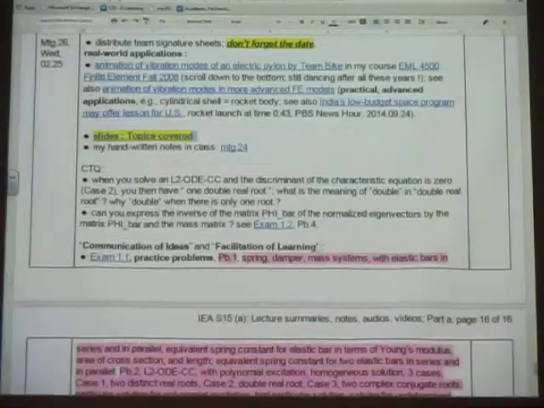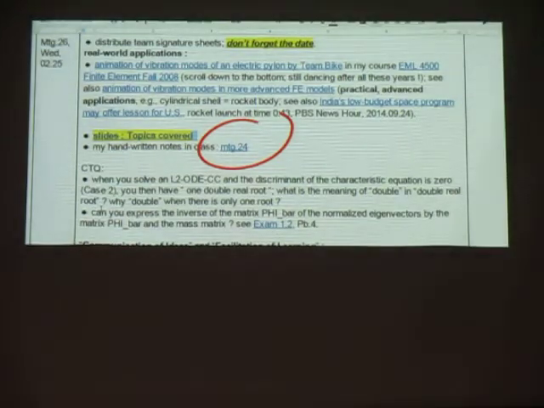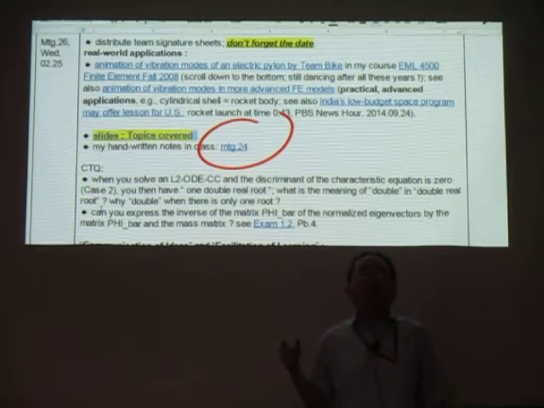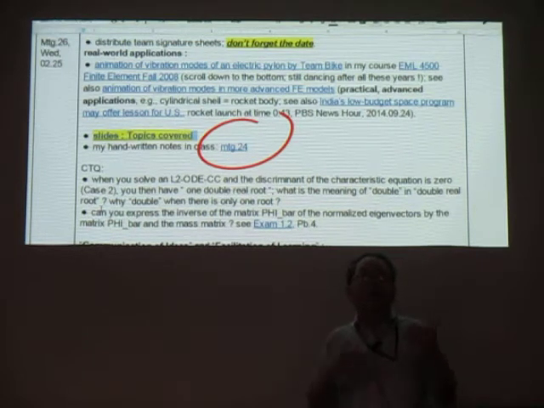The next critical thinking question is related to the exam, so I might as well go directly to that. You recall when I explained how to find the modal initial condition. Instead of inverting the matrix phi bar, you can use orthogonality to avoid doing the inverse.